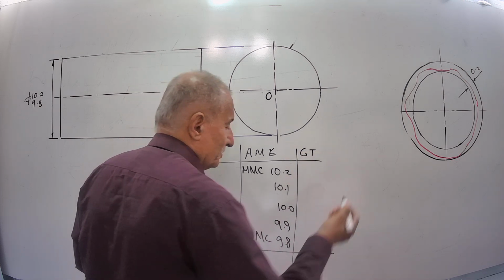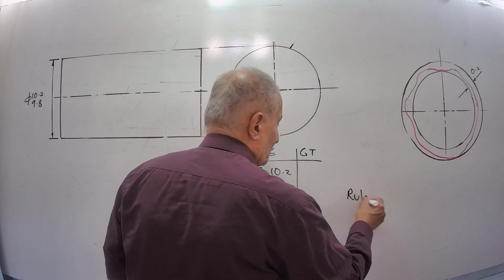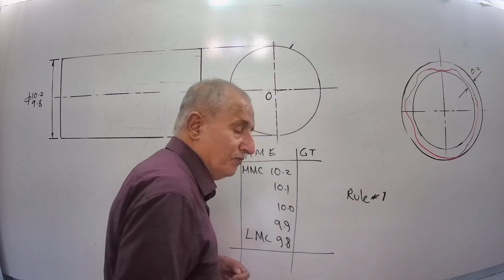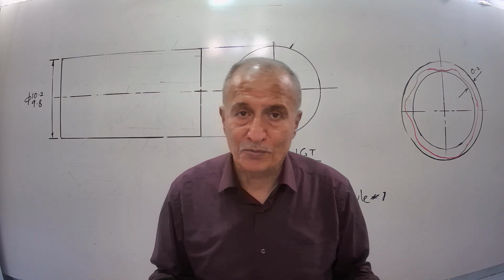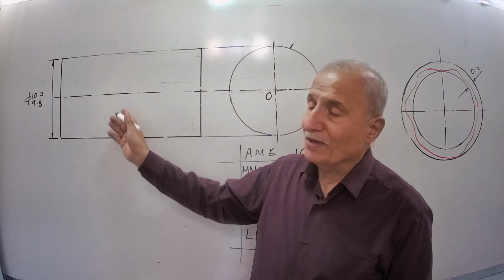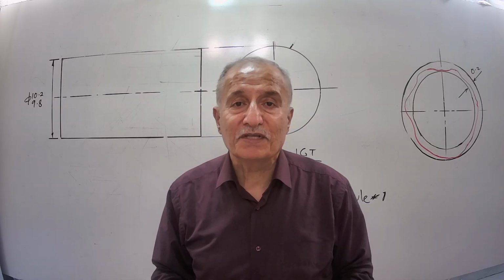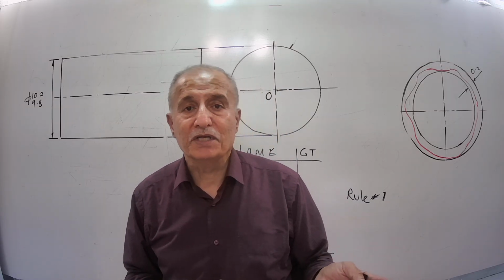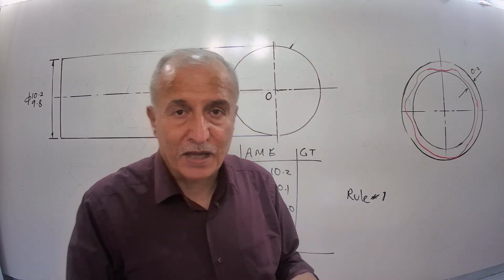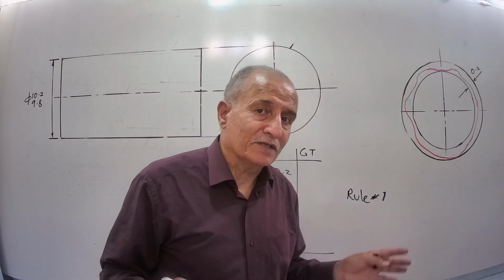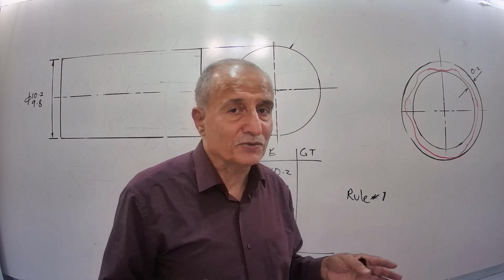Geometric tolerance, circularity error. Rule number 1 says if you produce at MMC size, it must be perfect form. All cross sections must be perfect circles. The whole object must be a perfect cylinder, which we talk about in cylindricity error. And everything must be perfect. Straightness, any surface elements or the axis of the shaft must be perfectly straight, actually.